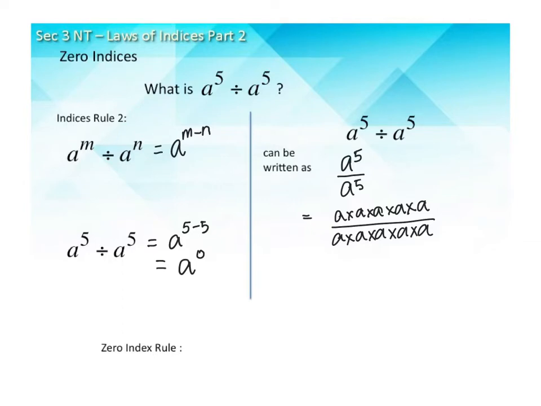Now when we have fractions, we will need to simplify the fraction by cancelling out common factors. So in this case, I'll cancel out one pair of factor a. After I divide, a divided by a will give you not 0 but 1. So I'll cancel out, I'll get 1.